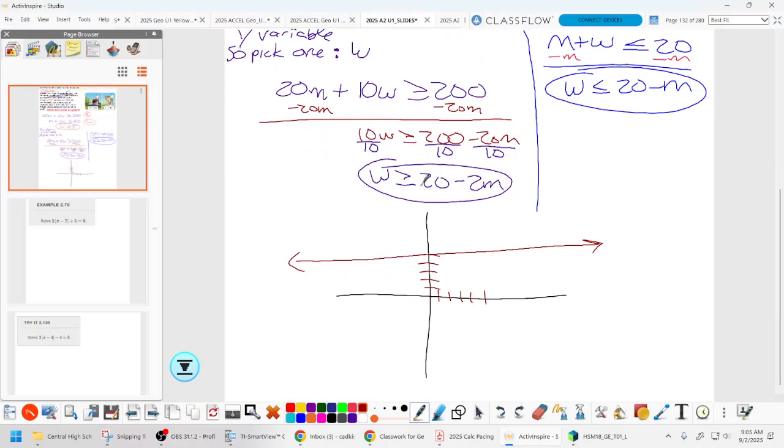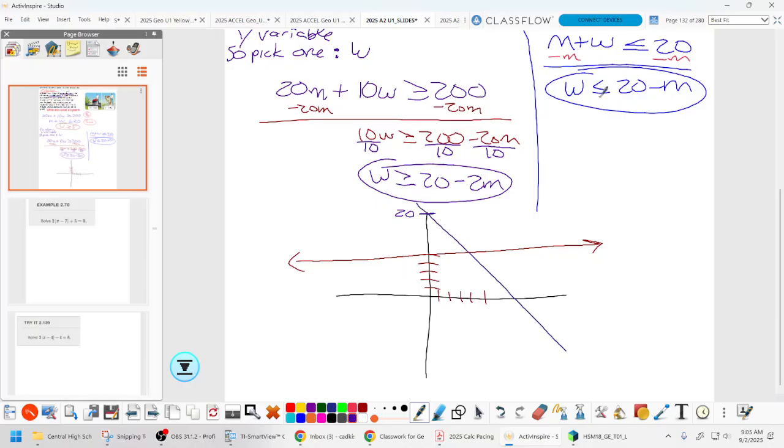All right, let's do the purple one next. Where does this one start? It starts on the y-axis. Where does it start? 20. At 20. So I'm just going to put it at 20 because my graph's going to be too big otherwise. Now what's the slope? Yep, so it's going down, something like that.